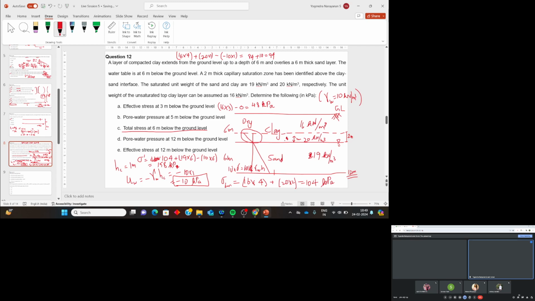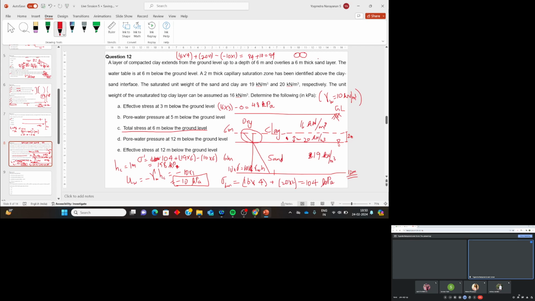Are you able to get it? Okay, sir. You might have solved by taking the pore pressure as plus 10, so you are getting a value of 74. But in the capillary zone, the pore pressure will increase the effective stresses. So it will bring the soil grains together. Effective stress is the stress that is transferred between two soil grains.